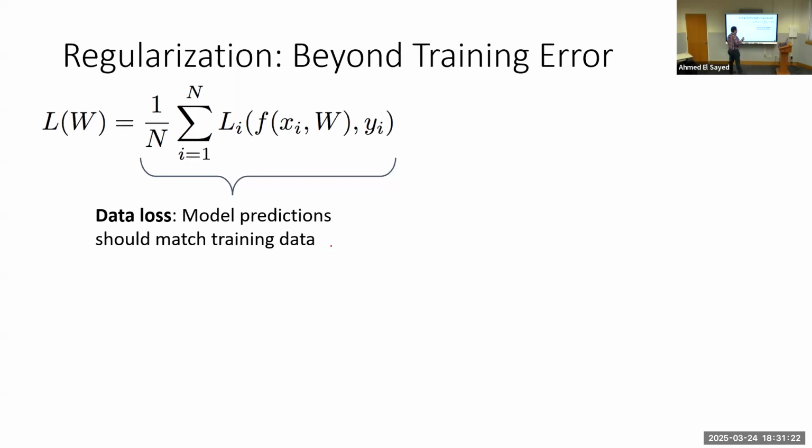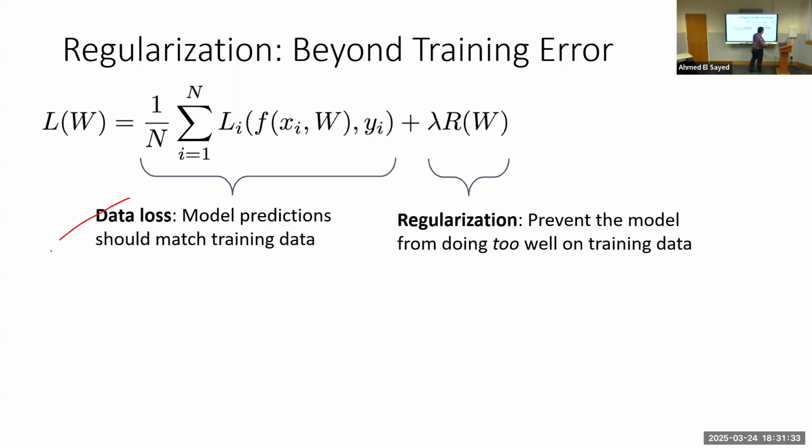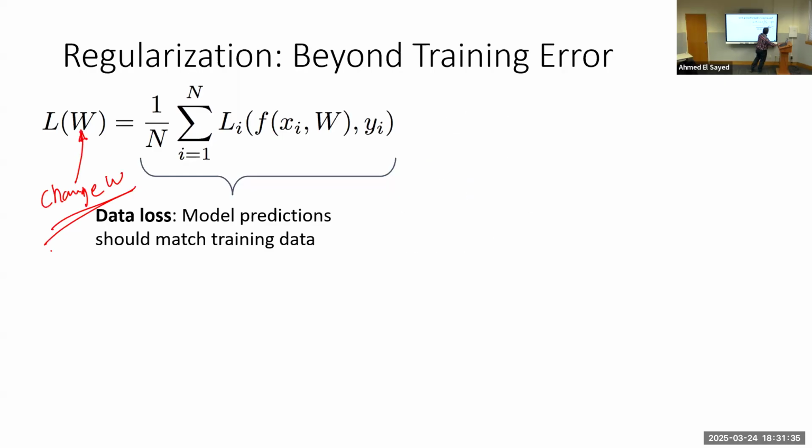Again, my goal from all of this is to fine tune, or change, those W's. So my ultimate goal from the loss function is to modify the W to make sure that this loss function will be 0 if I can.